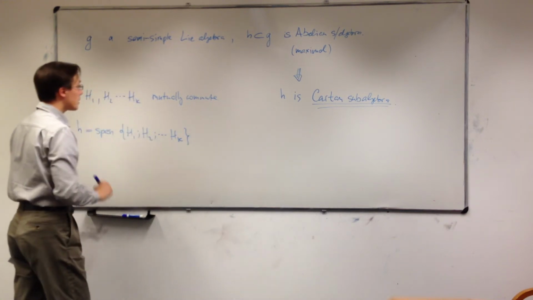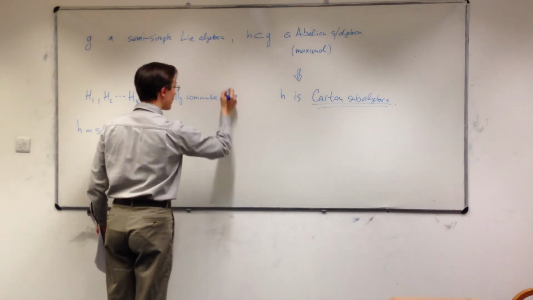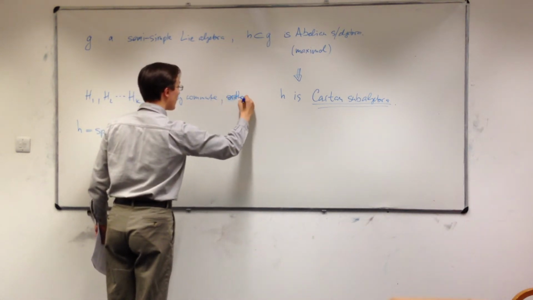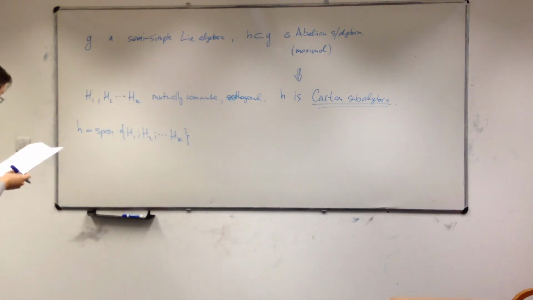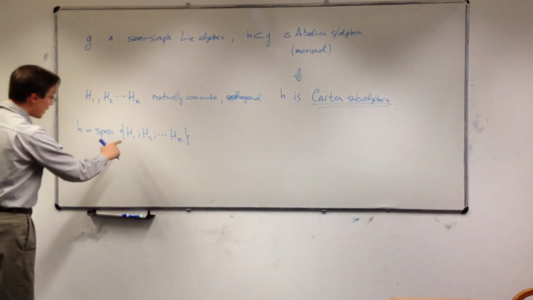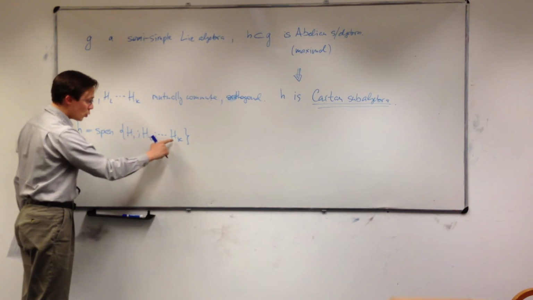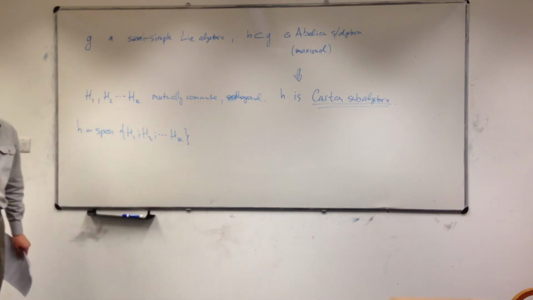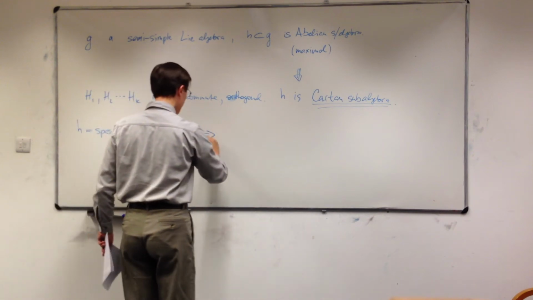To make it a basis set, we'll demand they are orthogonal. And the definition of a weight is the eigenvalue of these H1, H2, and Hk, a specific number. So we'll diagonalize them.